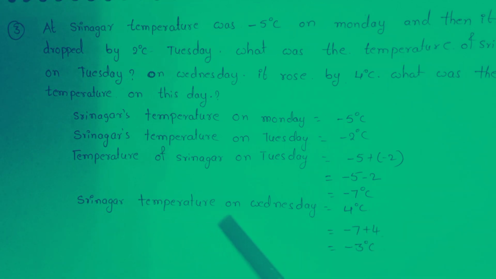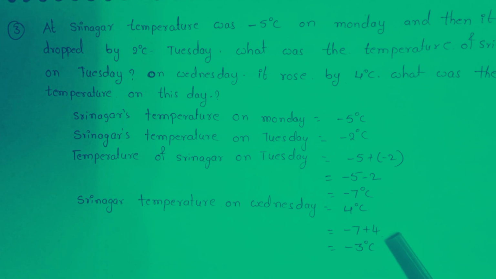Then Srinagar temperature on Wednesday. It rose by 4 degrees centigrade. What was the temperature on this day? Tuesday minus 7 degrees centigrade. Then from Tuesday temperature to Wednesday, rise 4 degrees centigrade.